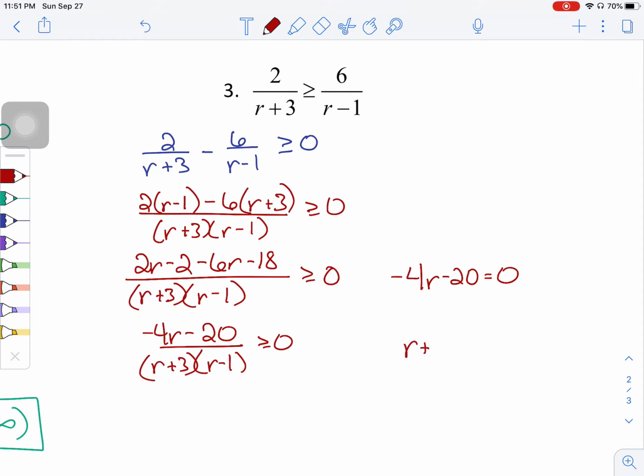Each factor in the denominator is going to give you a critical value. Okay. So the 2 denominator ones are going to be pretty easy. r is equal to -3, r is equal to 1. All right. If I add 20, divide by -4, r is equal to -5. So I have 3 critical values.